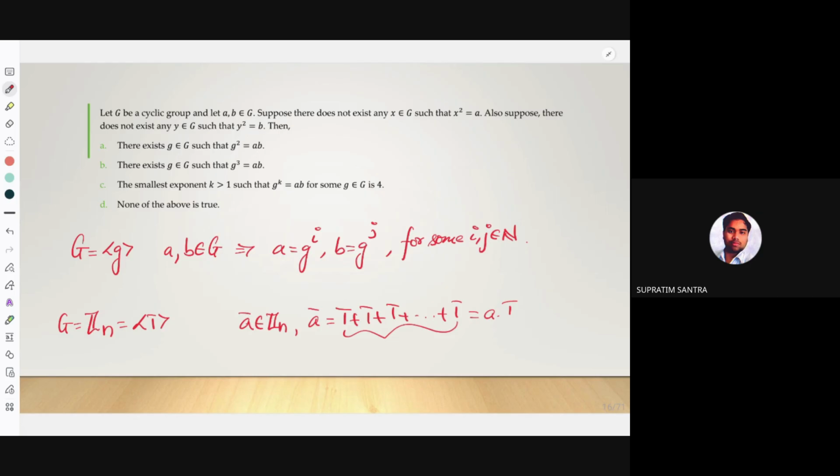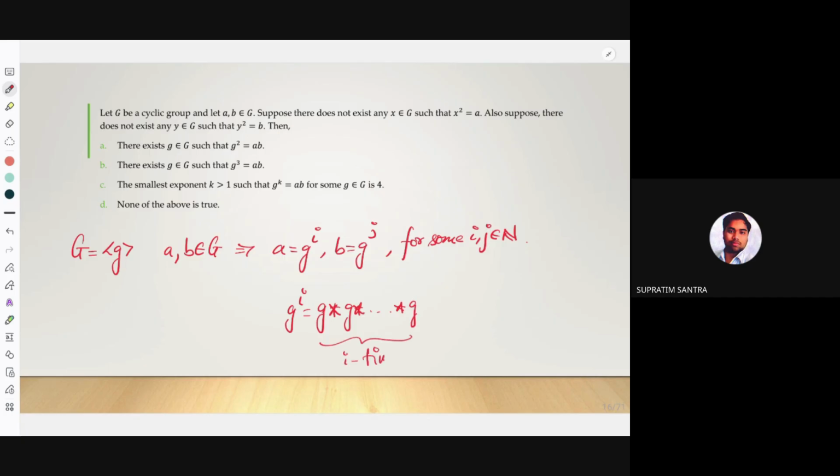So in this case, we write it as a times 1 bar. Right? Yes, sir. So in general, we write it as powers. So this g power i is basically g star dot dot dot star g, i times. So G generated by g implies you have e, g, g star g, and so on up to some finite times.